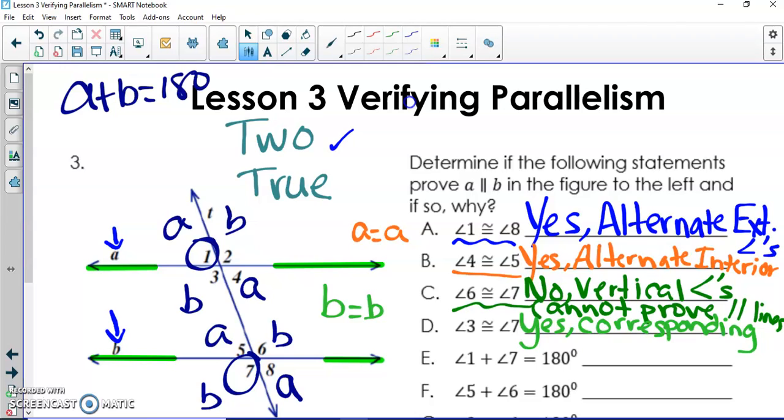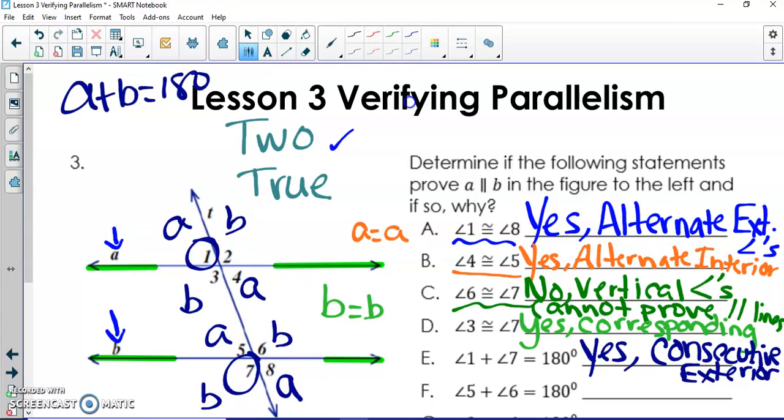You have one sitting on line A and one sitting on line B, so this is going to be yes. We can use it to prove that the lines are parallel. They are on the same side of my transversal, both in the corners. They're both outside, so they are consecutive exterior.